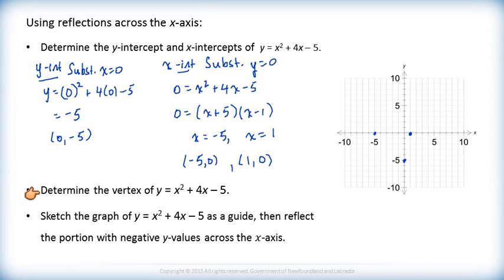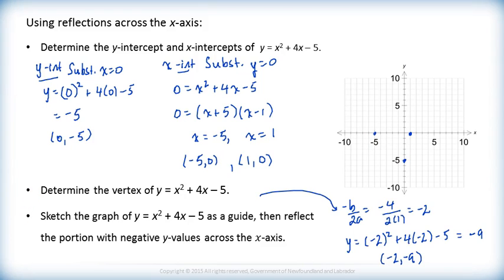Now we do need the vertex for some accuracy. And as we saw in the previous slide, the vertex works out to be -2, -9. And with a little bit of symmetry on the parabola, we have another point 2 spaces to the left here. I just dash in my guiding graph. Highlight any negative parts that are going to be reflected.